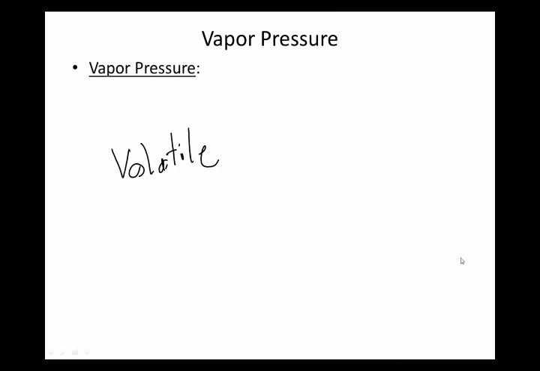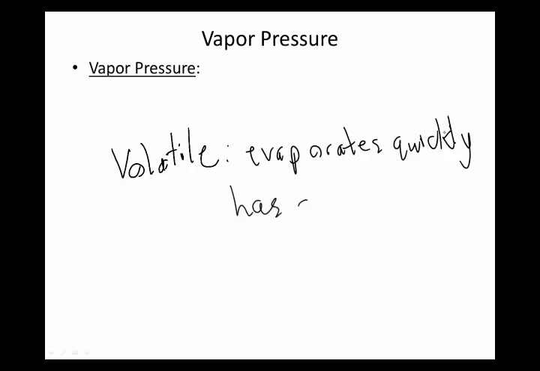In fact, we say someone who's really reactive is volatile. For a chemist, all the word volatile means is evaporates quickly, or has a high vapor pressure. So volatile just means has a high vapor pressure. That's really it. So remember, vapor pressure is related to how quickly something evaporates.